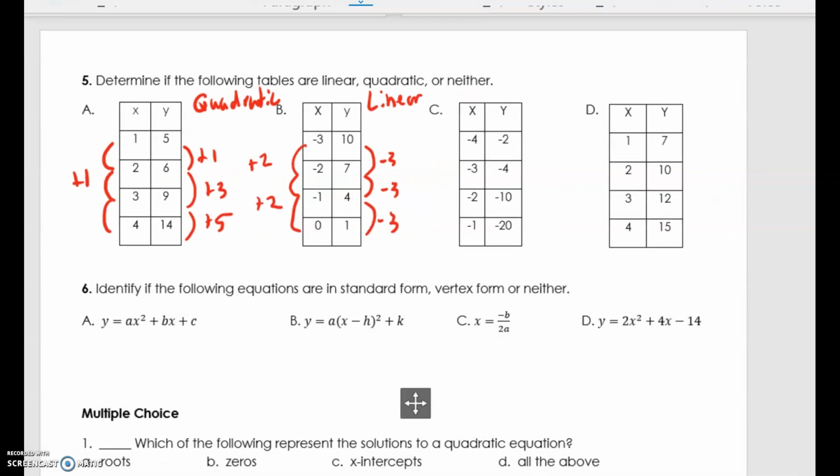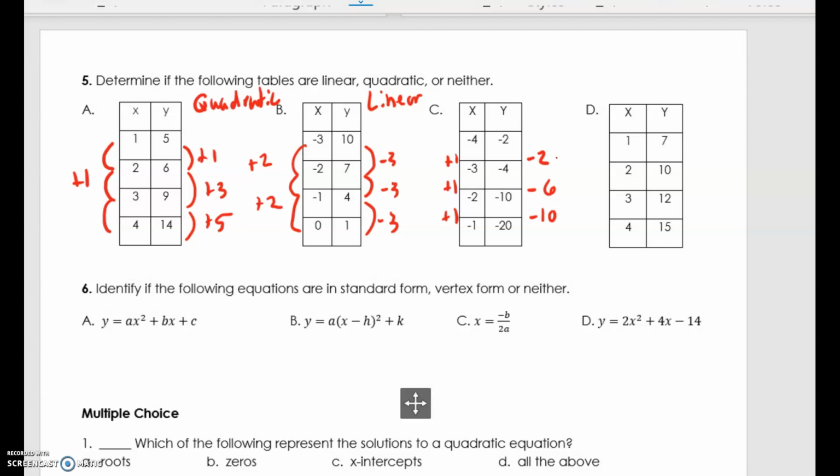Okay, so this one is growing by 1. So plus 1, plus 1, plus 1. And this is growing by, from -2 to -4, that went down 2. From -4 to -10, it went down 6. And from -10 to -20, it went down 10.